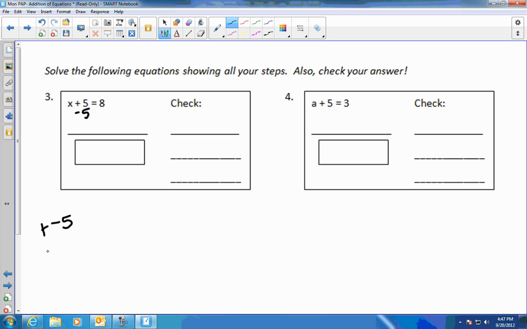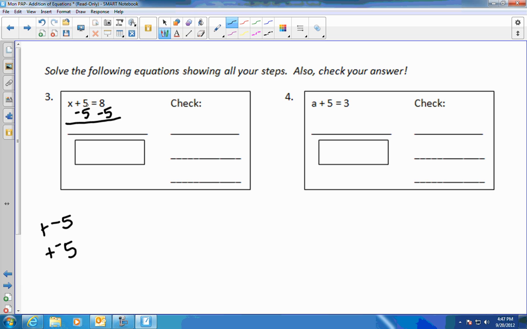Because remember, subtracting 5, add the opposite. So this is where that inverse operation thing comes in, because subtracting a positive is the same thing as adding a negative, which as long as we cancel it out, as long as we make 0, we're happy.